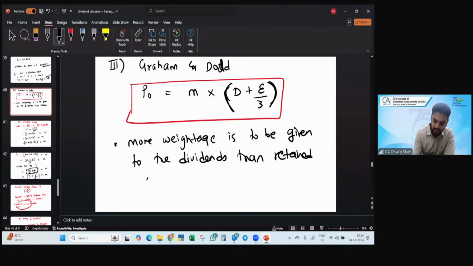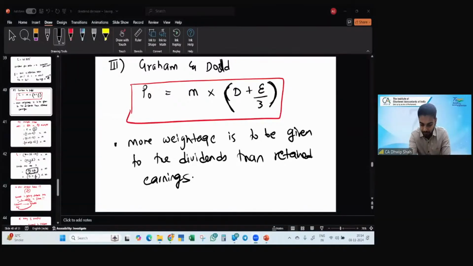And he gave 4 times more weightage because it was as per his research. This is what I'm saying now, this is how he would have devised this formula.